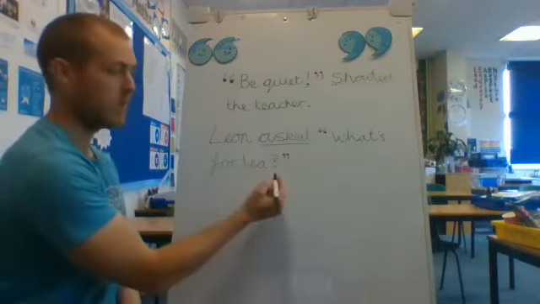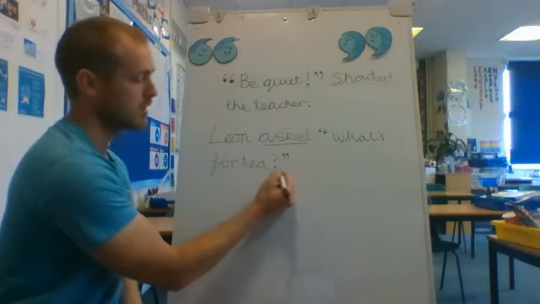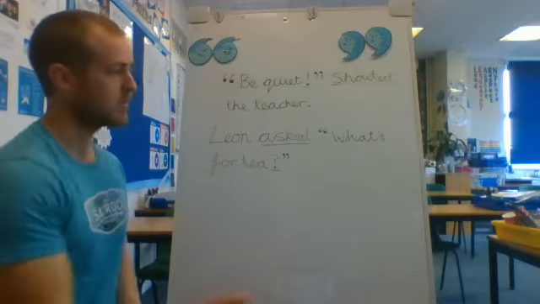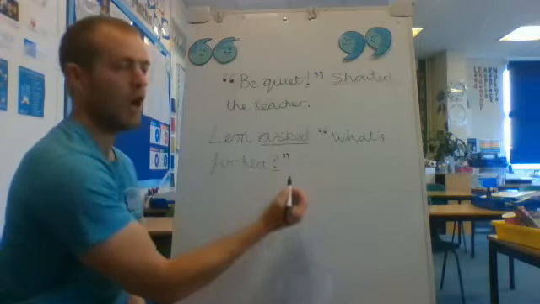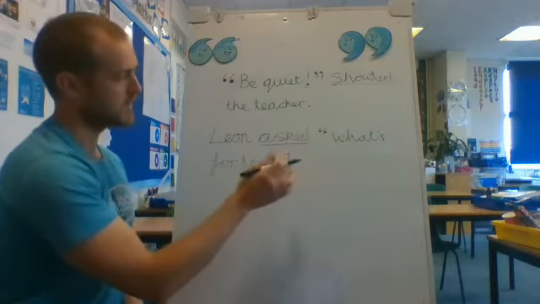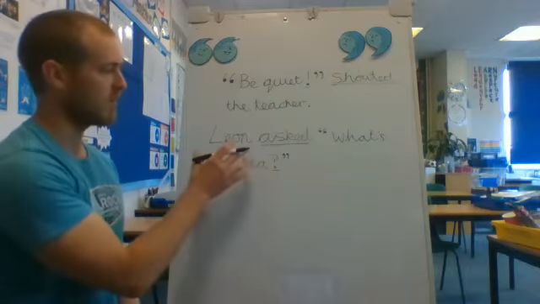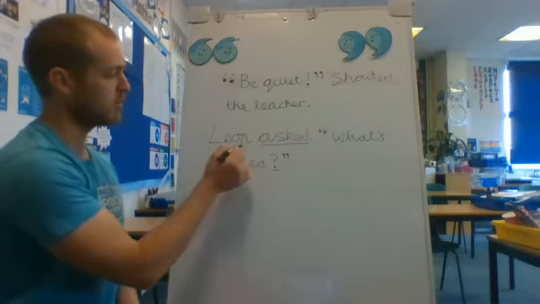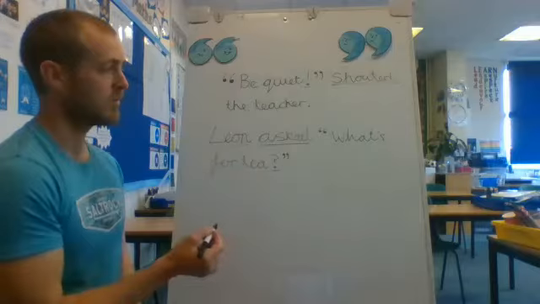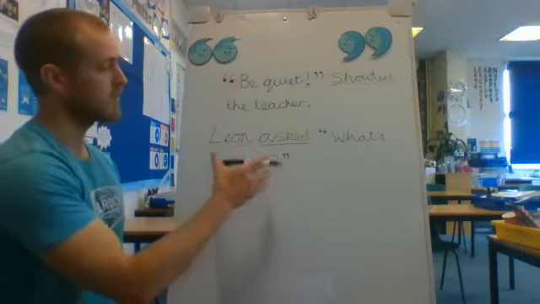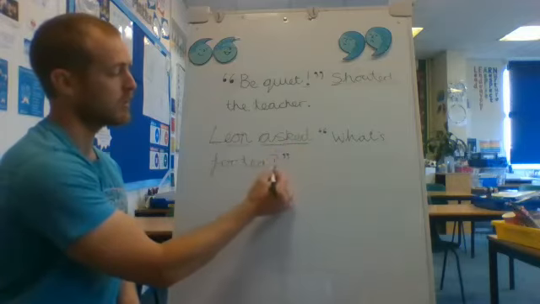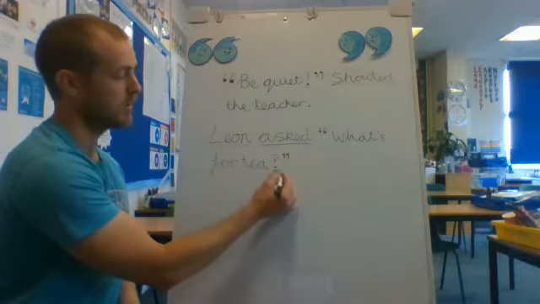And the piece of punctuation that you'd need to use is a question mark. Okay, so again, the 66 and the 99 hug the parts of the sentences which are spoken by the character. Our character, or our subject, is Leon, and he's asking, what's for tea? Okay, so he's definitely asking a question, and we can show that by using a question mark.